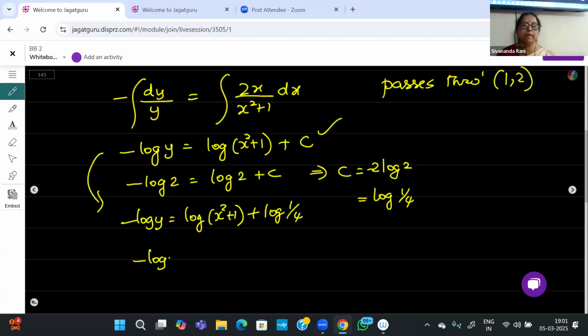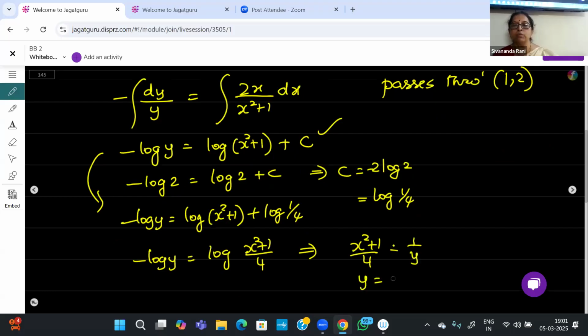So you better combine the terms that you got in terms of log. So it will be x square plus 1 by 4. And if I drop log everywhere, I get x square plus 1 by 4 is 1 by y, or y is equal to 4 by x square plus 1. Of course, x square can't be minus 1, so I think you have a real curve here.